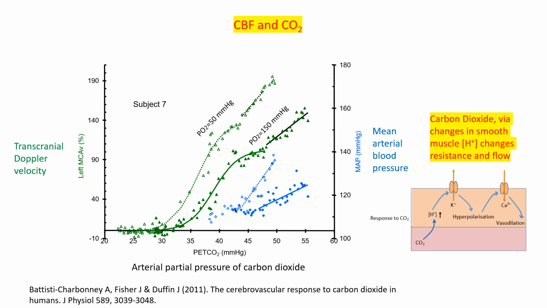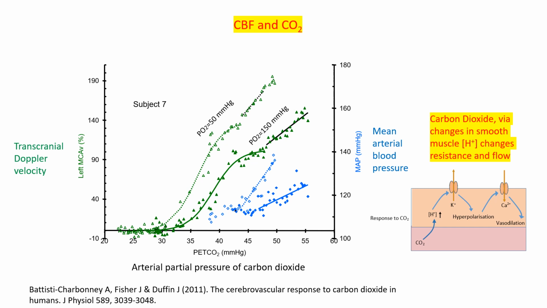As the arterial partial pressure of carbon dioxide increases from 25 millimeters of mercury, hypocapnia, to 55 millimeters of mercury, hypercapnia, at isoxic tensions of both 50 millimeters of mercury, hypoxic, and 150 millimeters of mercury, hyperoxic, the middle cerebral artery velocity increases in a sigmoidal fashion.